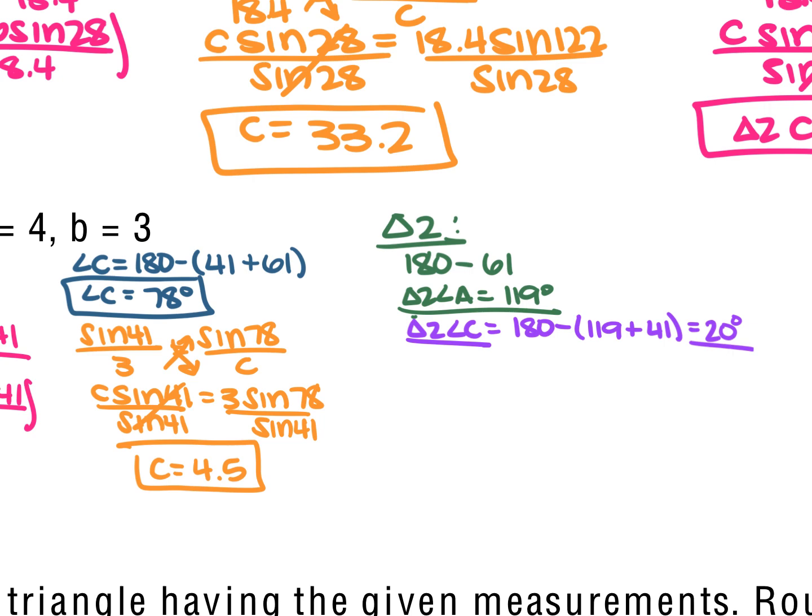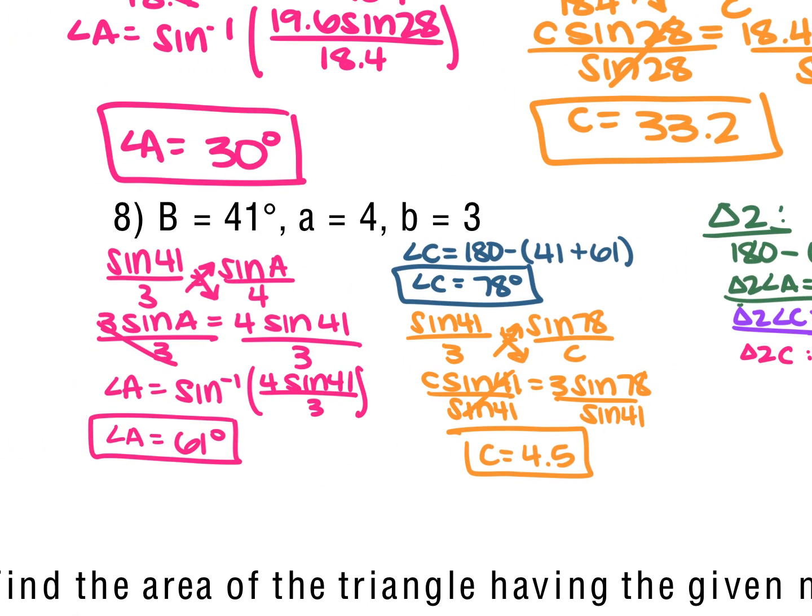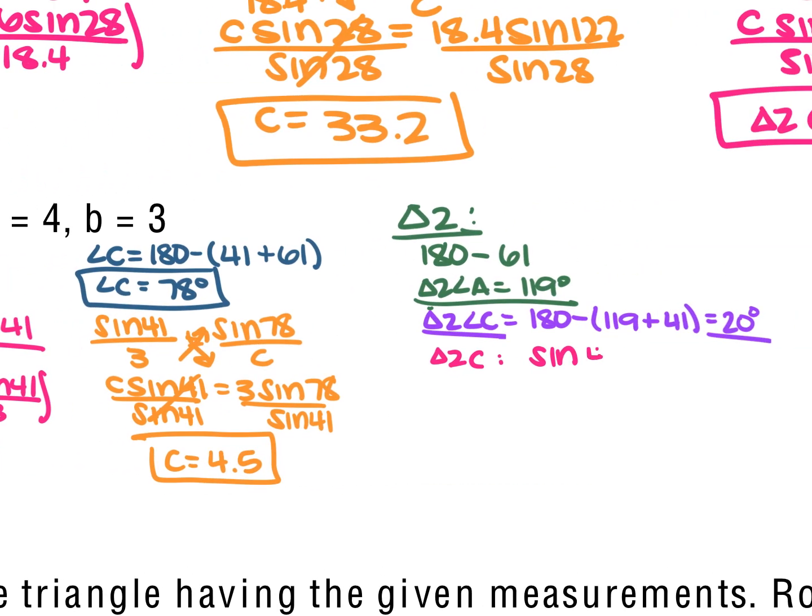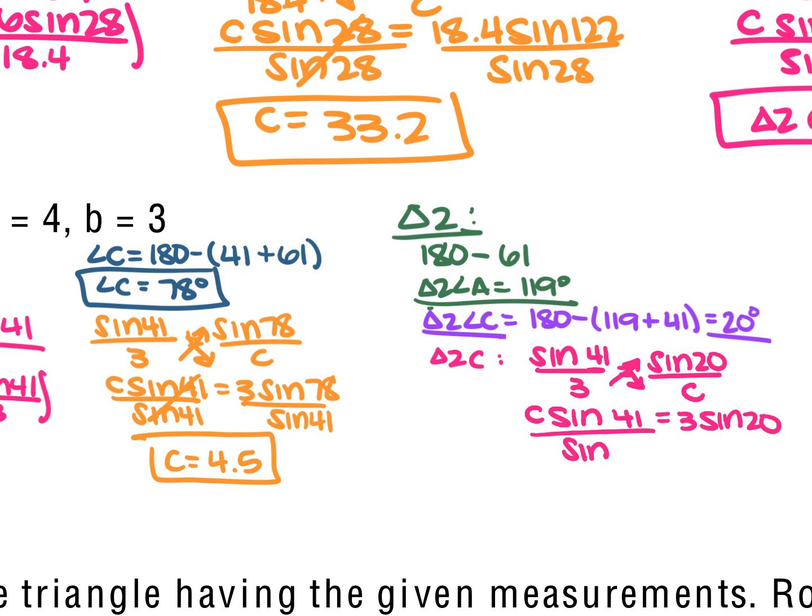To find side C for triangle 2, we're going to do sine 41 over 3 is equal to sine 20 over C. Cross multiply, that's C times sine 41 is equal to 3 times sine 20. Divide each side by sine 41.